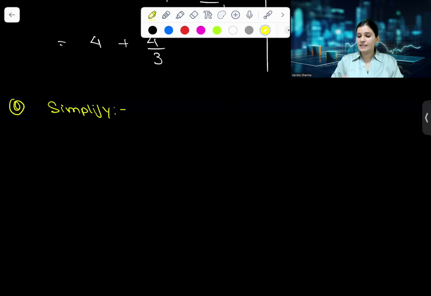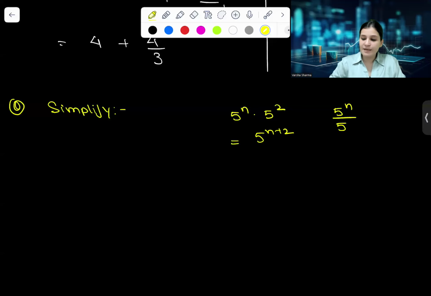See, before moving to this, what is 5 power n into 5 square? Ma'am, 5 power n plus 2. What will be 5 power n divided by 5 square? 5 power n minus 2. So can I not write that if I have 3 power x plus 4, can I not write this as 3 power x into 3 power 4?